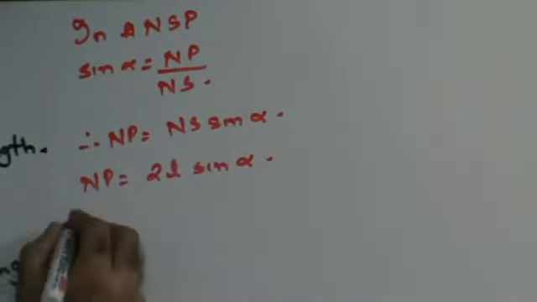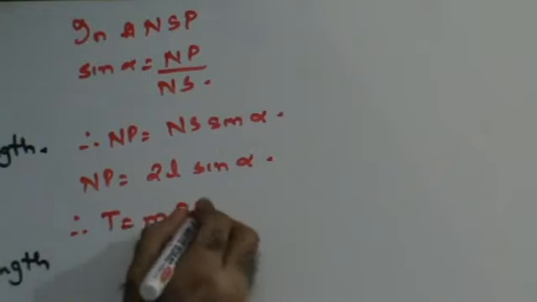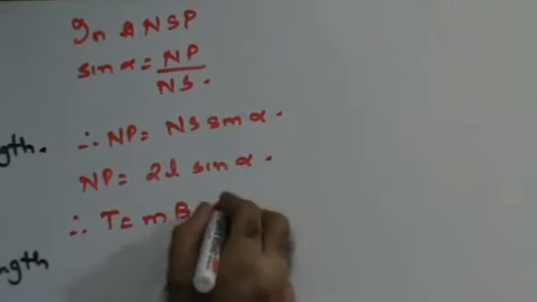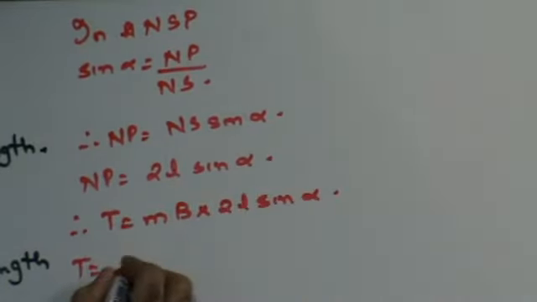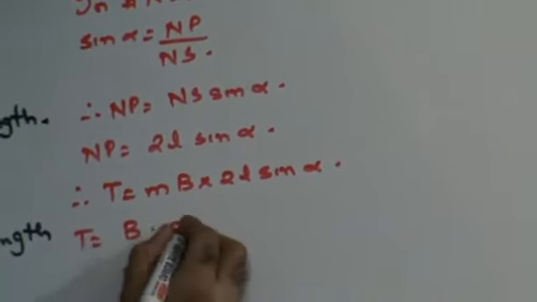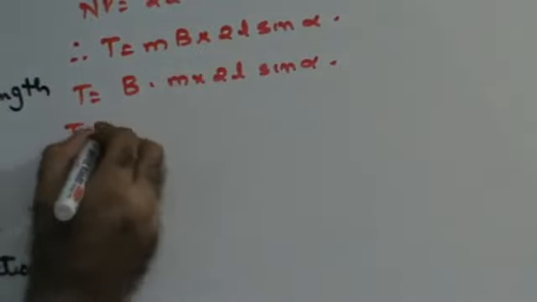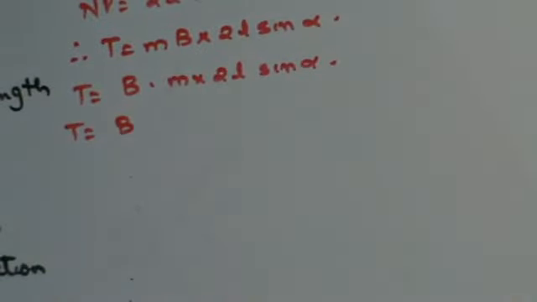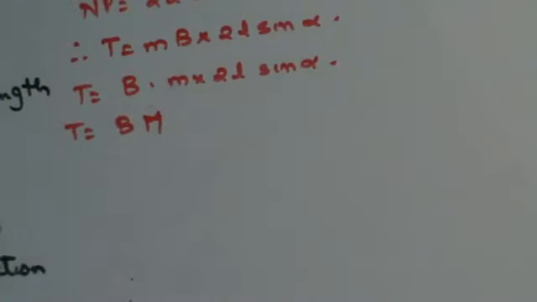Substitute here. So I will get torque is equal to MB into NP. NP is nothing but 2L sine alpha. Now this can be written as B into M into 2L sine alpha, right? But M into 2L, pole strength into magnetic length, is nothing but magnetic dipole moment.